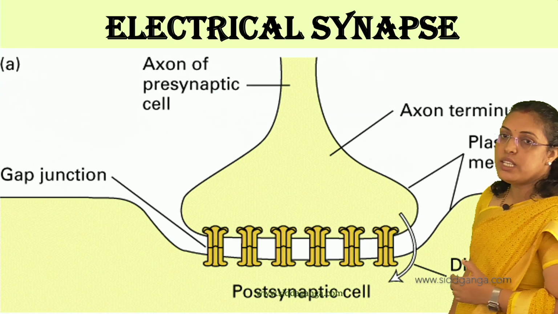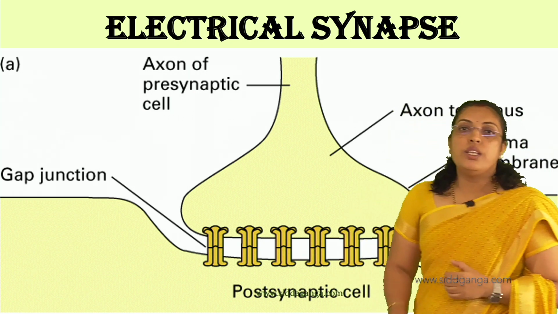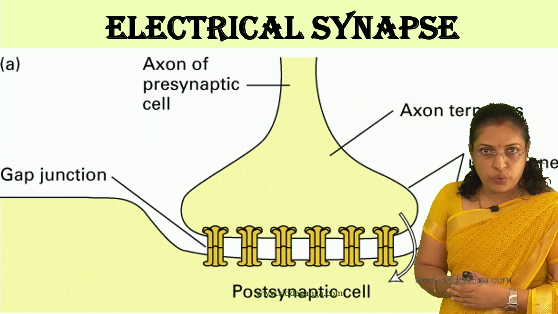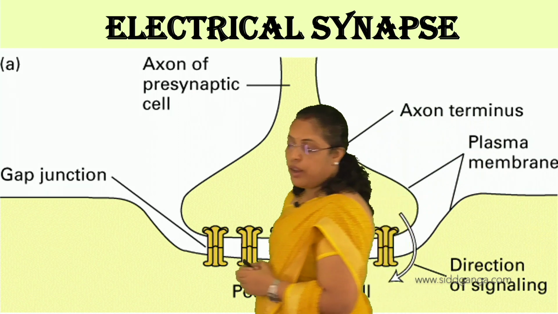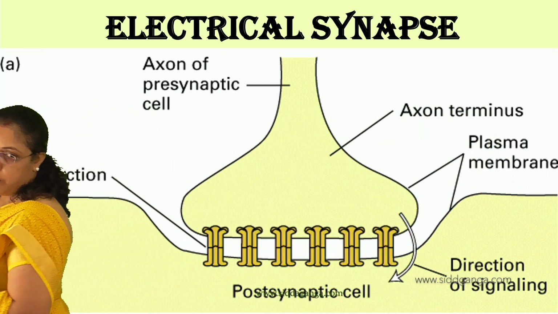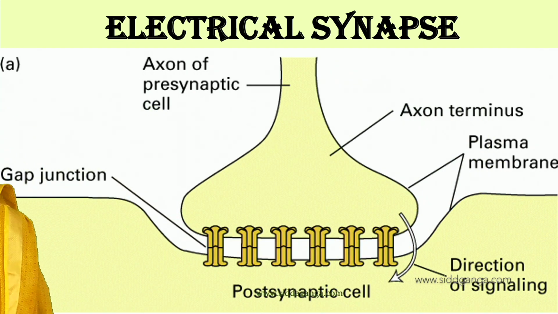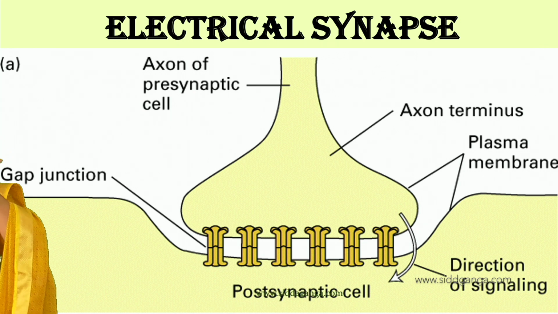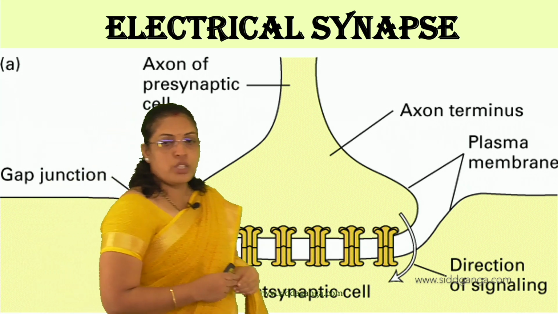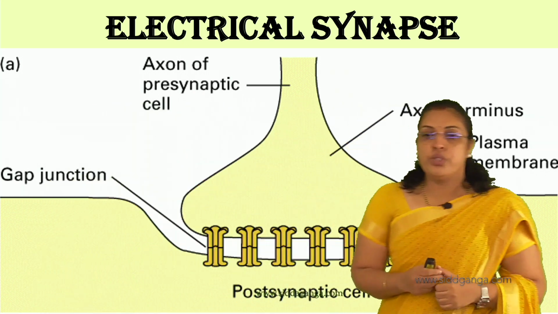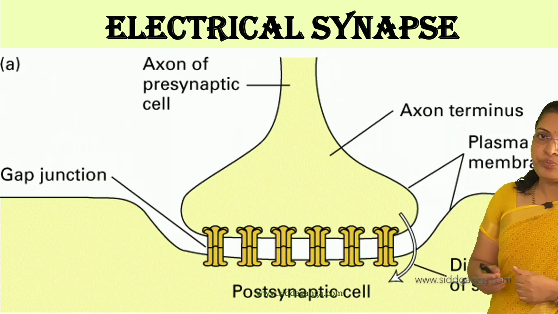And in the electrical synapse, there is no release of neurotransmitters between the presynaptic membrane and the postsynaptic membrane. See, there is absence of neurotransmitters. There is direct transmission of action potential from the axon terminals to the postsynaptic cell.